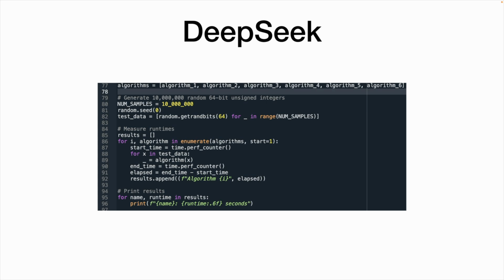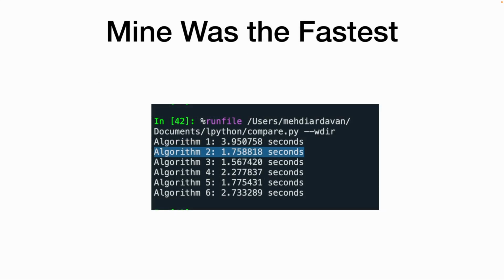This is the code that I test the runtime with. As you see, I run it for 100 million randomly generated 64-bit unsigned integers. And this is the result.